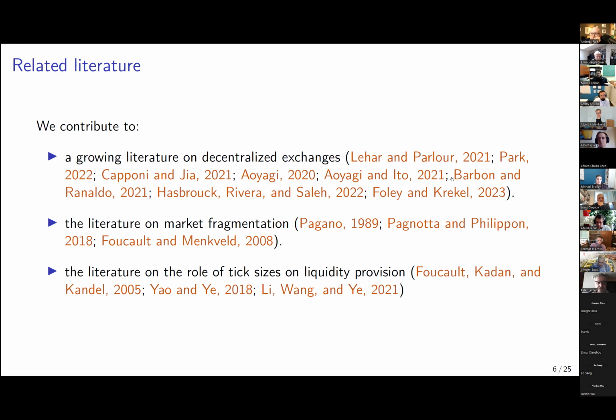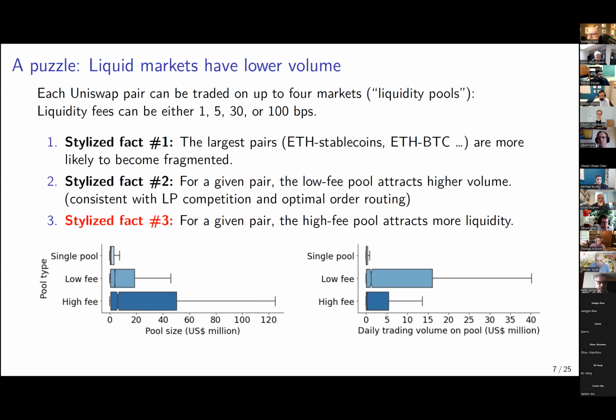But in our opinion, we're the first ones to look at the actual liquidity provision decision. We also relate to the literature on market fragmentation, because we're going to study how liquidity fragments and the role of tick sizes. And actually, we're going to be very close to the Foucault, Kadan, and Kandel paper in the JF, applied mostly to limit order markets.